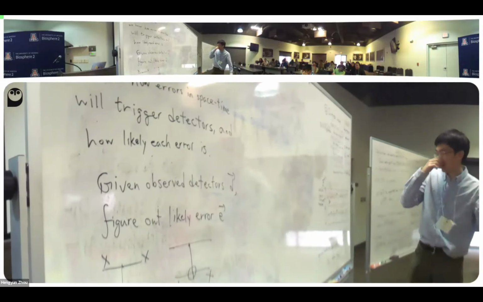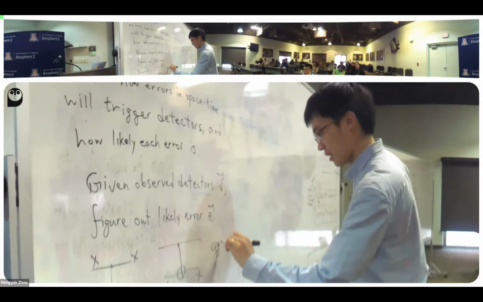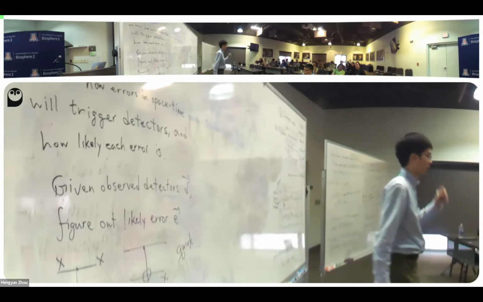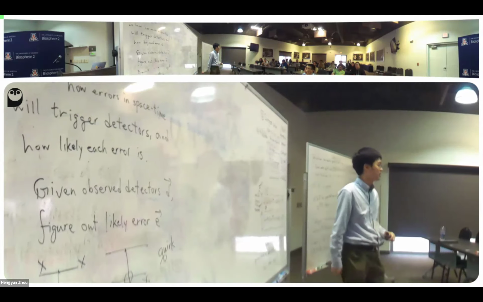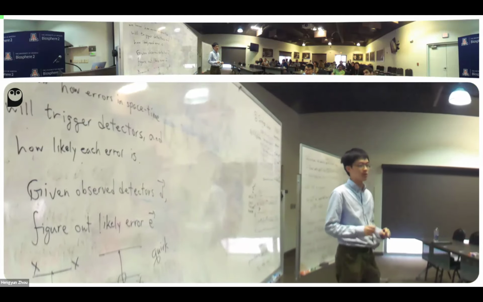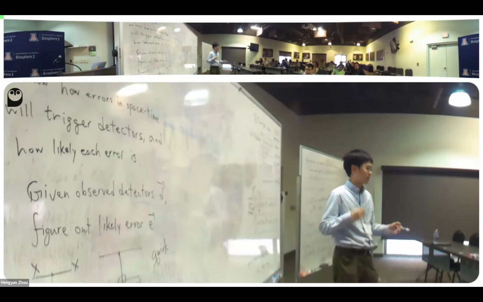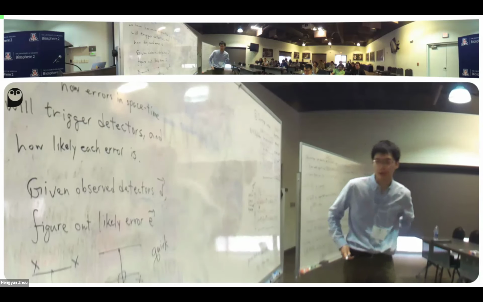Also, maybe to mention a really useful tool. There's a tool called Quirk, developed by Craig Gidney at Google. It's a drag and drop circuit simulator, which is super useful when you're doing small circuit optimization or just trying to understand a gadget. We actually use this super regularly.